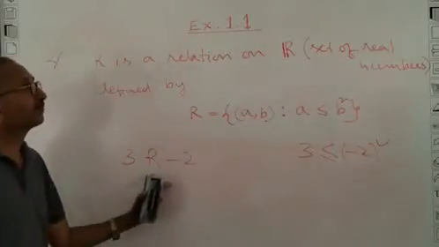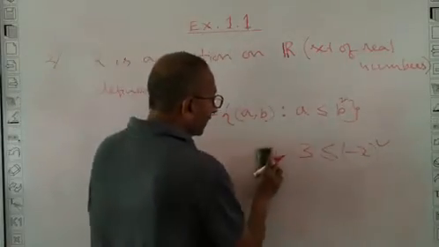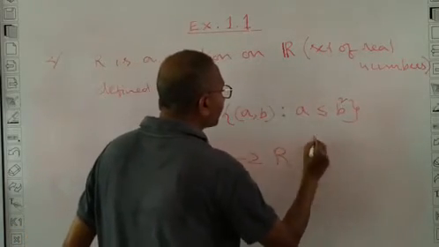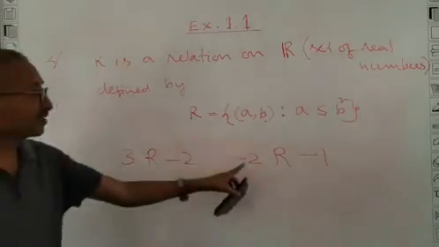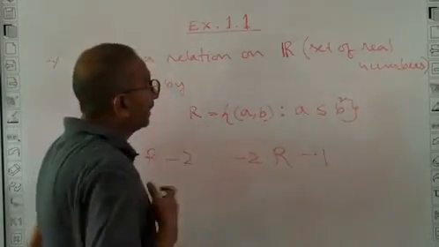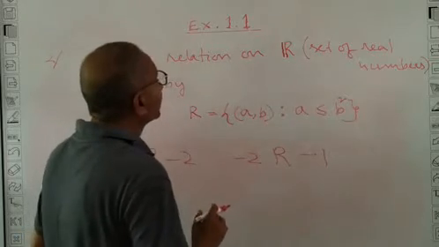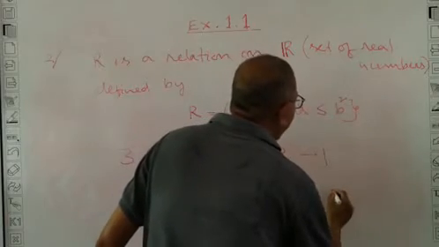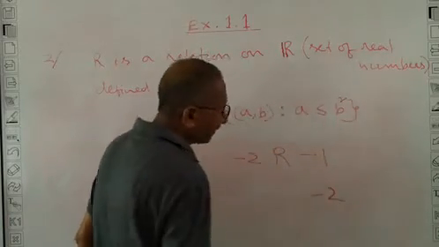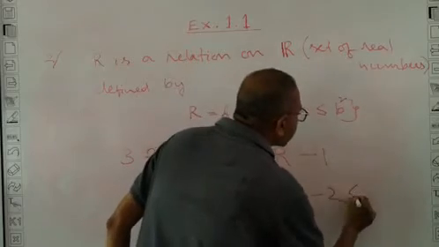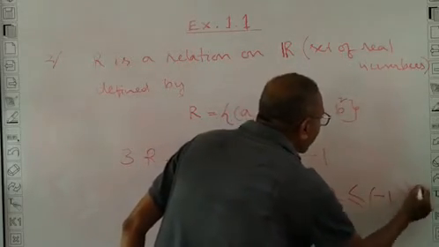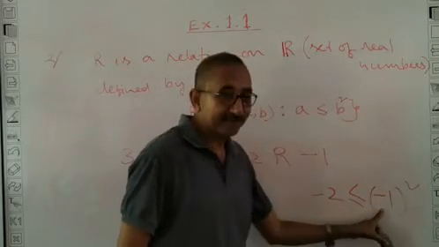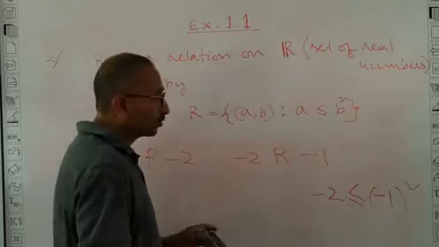Then, is -2 related to -1 or not? In place of a you write -2 is less than or equal to (-1) square. That means -2 is less than 1; -2 is definitely less than 1. So this is also true.